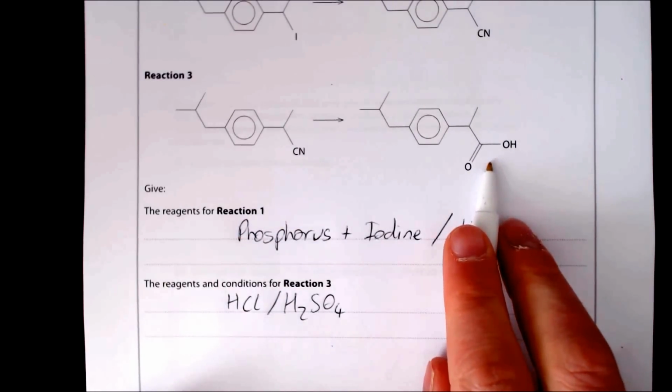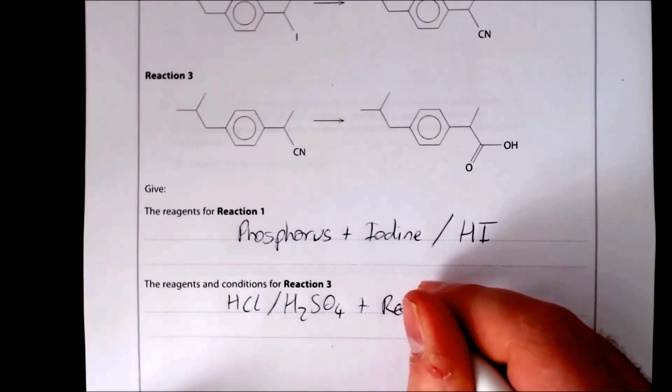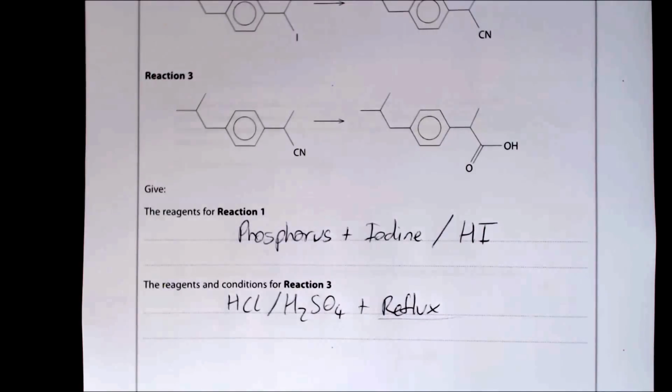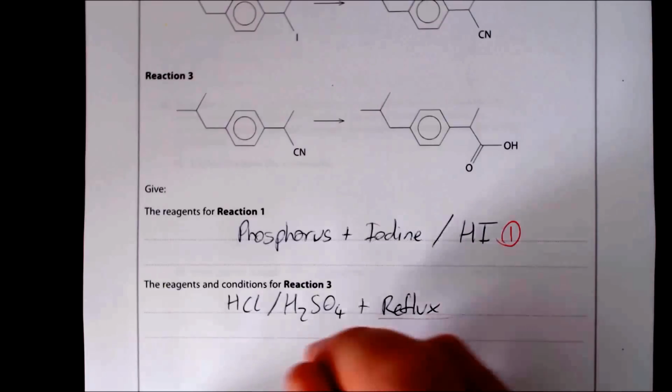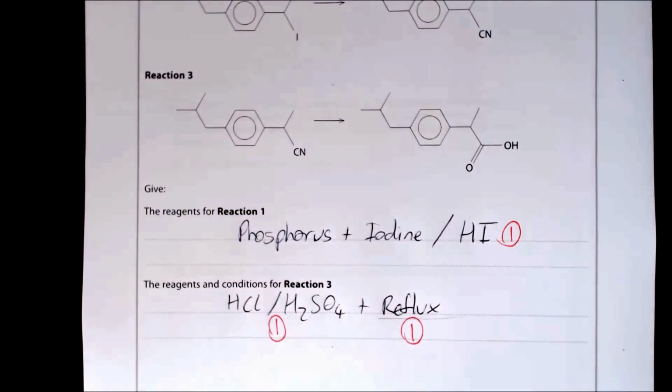And reflux as well, because these are quite volatile chemicals, so most of the time we're using reflux for volatile chemicals. It's 3 marks. You actually get 1 mark for this answer here, and obviously you get 1 for saying acidic conditions, and 1 for saying reflux. You get 2 there. So again, not too bad. Okay, on to the next part.